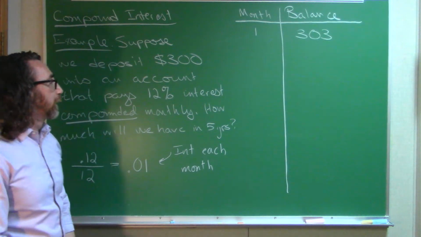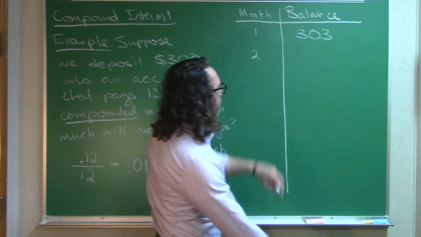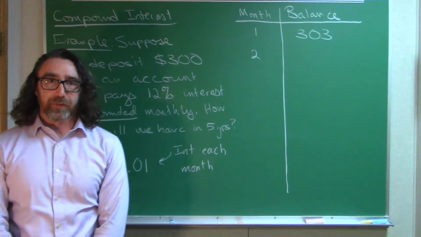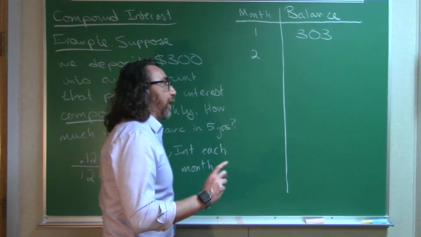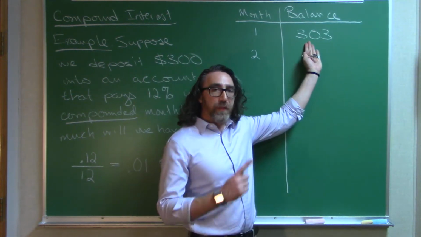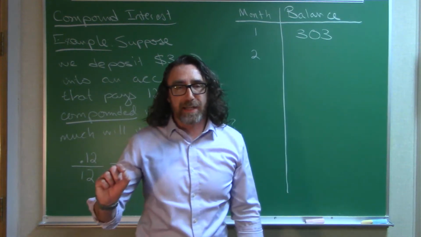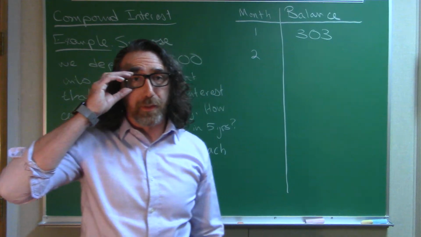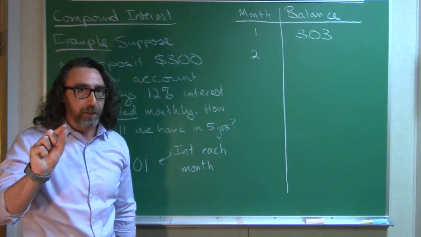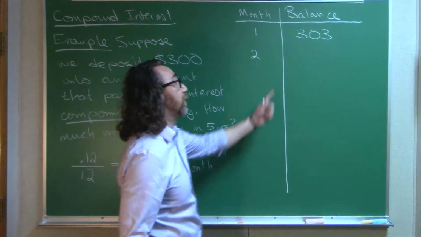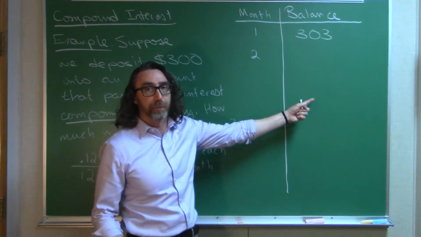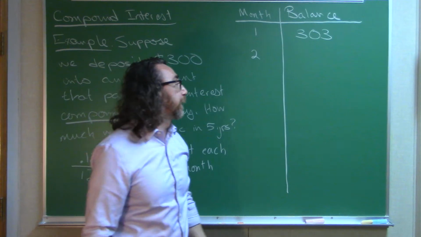Another month goes by. They look at your account. They say, how much is in there? $303. They add on 1% of this new balance. Each month you're always getting 1%, but the amount you get is going to vary because it's always 1% of a different balance, because your balance is increasing.